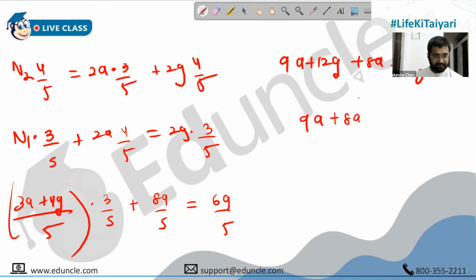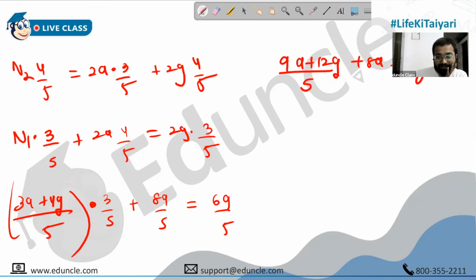5 is missing, sir. 5 is missing from where? Sir, 3 plus 4g upon 5. Okay, there is a multiplication here, no? Yes, okay, so there is a 5.